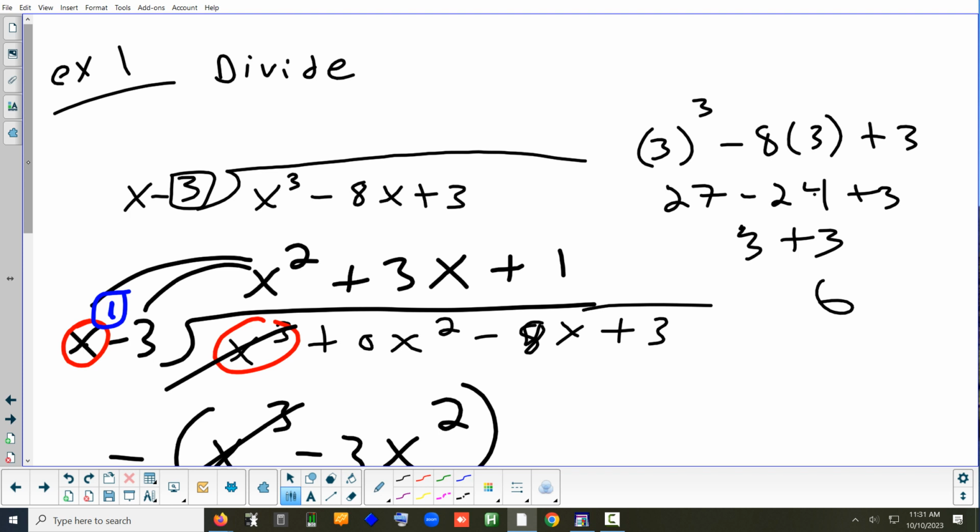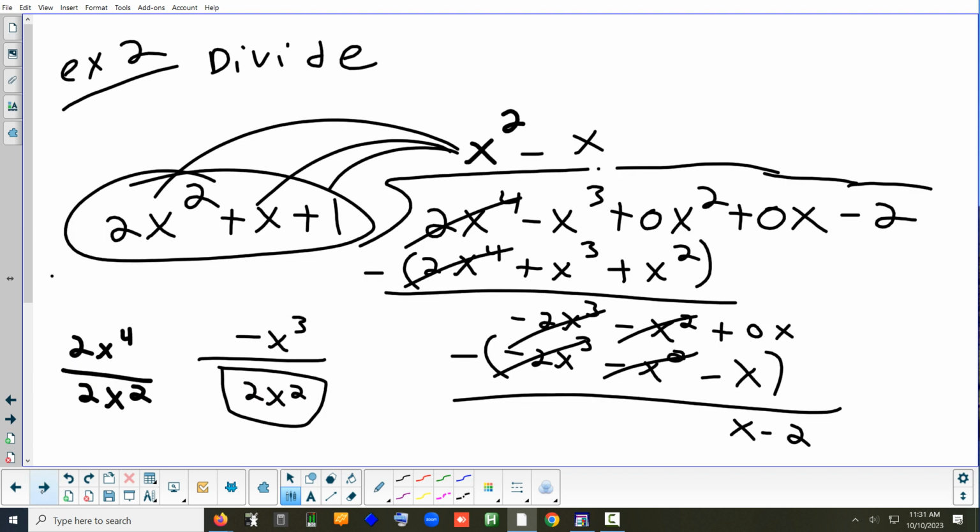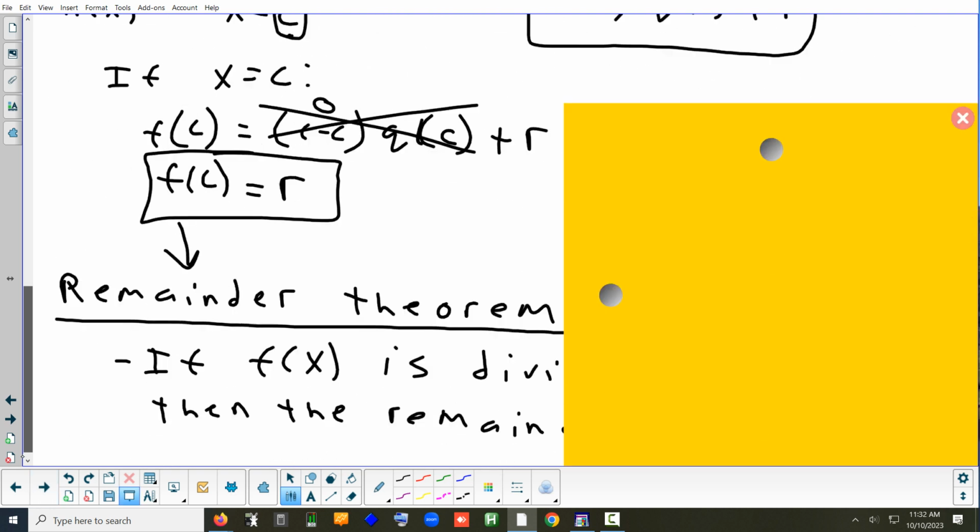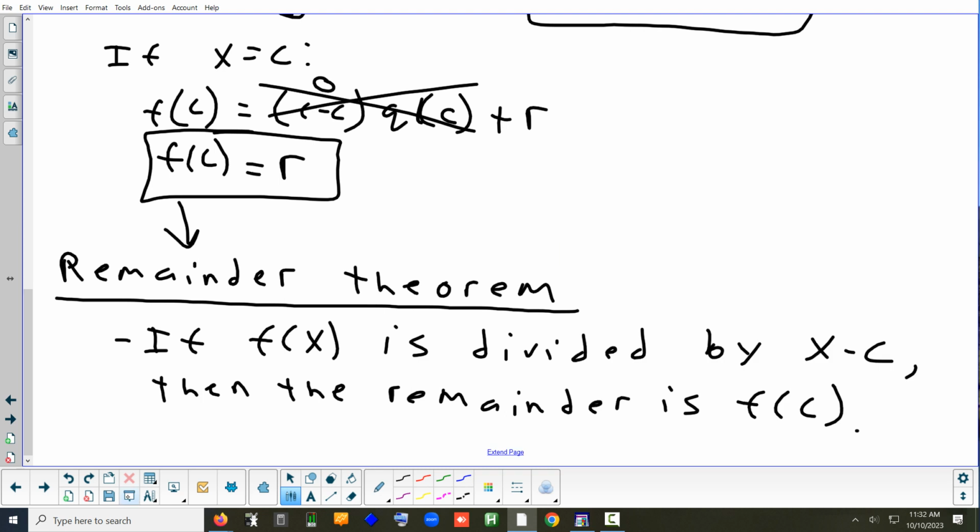But the trick is it only works if it's x minus, and then you plug in that number. If you want to find the remainder here, I don't have a faster way to do it. This is not x minus a number. It's too complicated. So this theorem is called the remainder theorem.